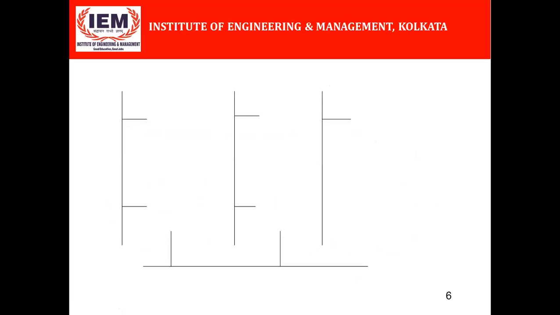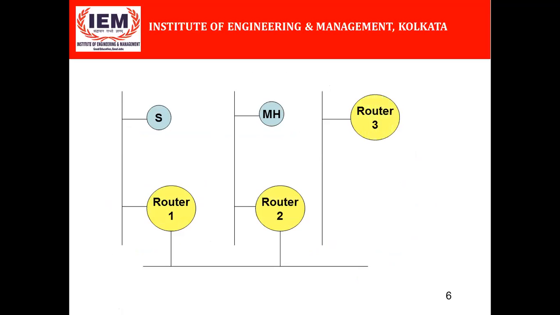Now I want to show you one thing. Say one source, one router, some mobile host. MH is the mobile host. Router 2, router 3, and when the source wants to transmit some information towards the mobile host, router 1 may transmit its information towards router 2.